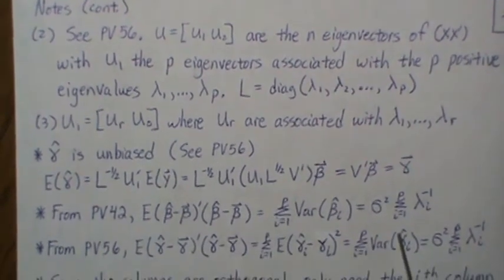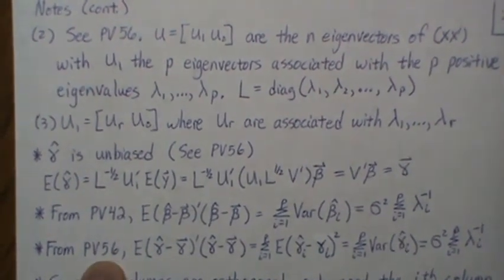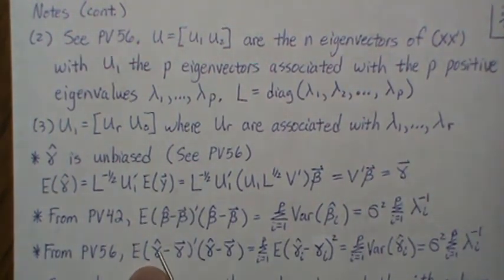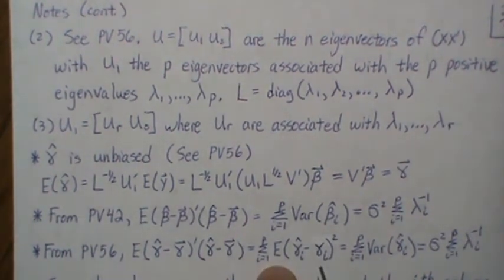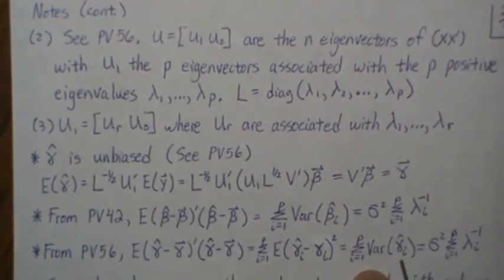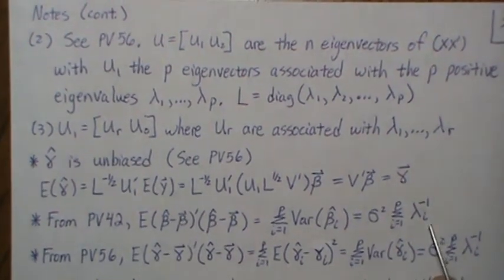Now in previous video 56, we showed that the mean squared length of the vector, least squares estimate of gamma minus the parameters itself, was equal to the sum of these variances, and it turned out to be the same.